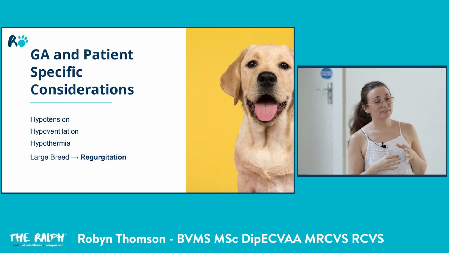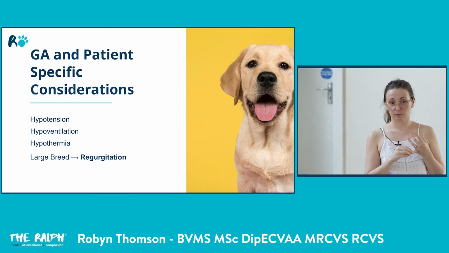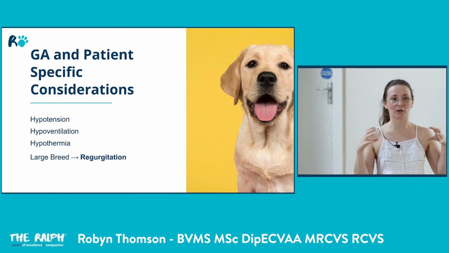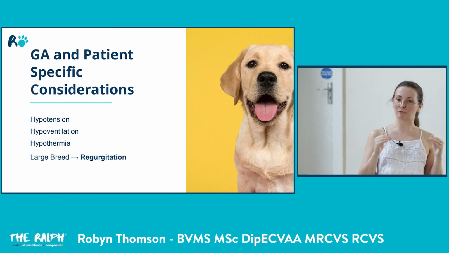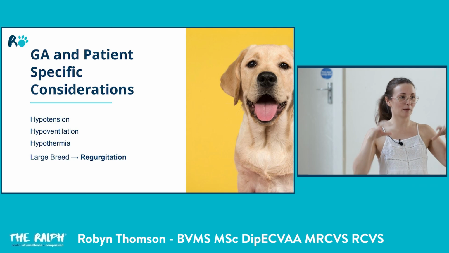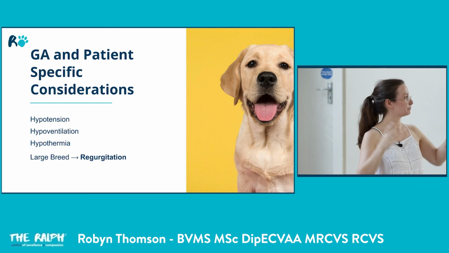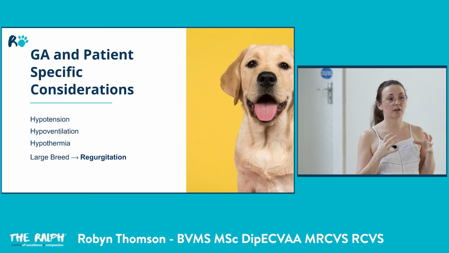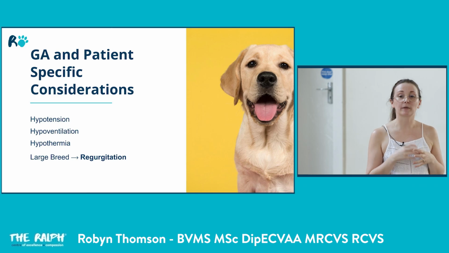In this case, she is a dog, who, as I like to think about it, is our base species. They're the most boring, if we're going to be perfectly honest, that we would then build on for other species. She is a Labrador, and Labradors are a large breed dog. So our consideration is that they are more at risk of regurgitation compared to other breeds.